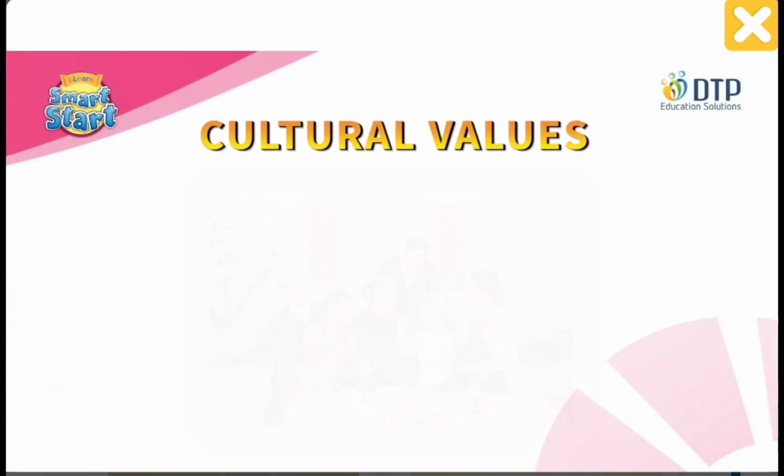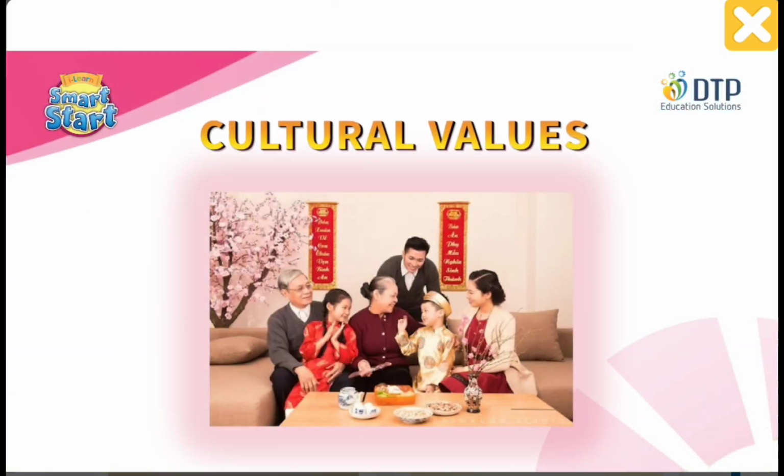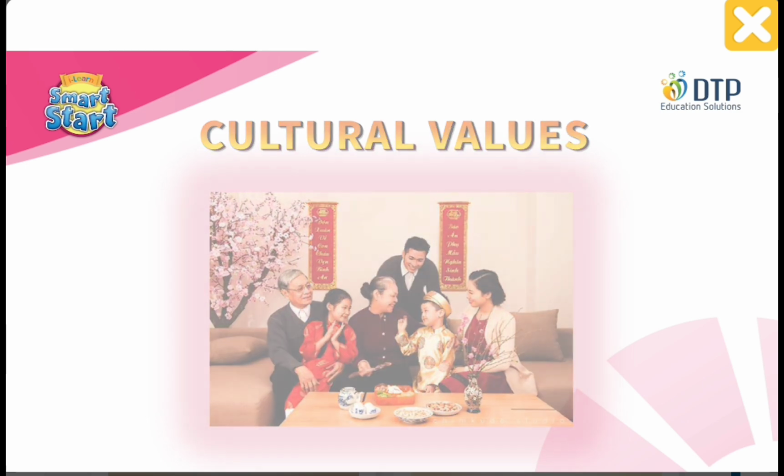So after teaching the whole culture lesson of I Learn Smart Start book, you should be proud of yourself because you are able to help your students reinforce the target language and strengthen their Vietnamese cultural values. And because this book uses CLIL, your students learn cultural topics and develop their English skills.